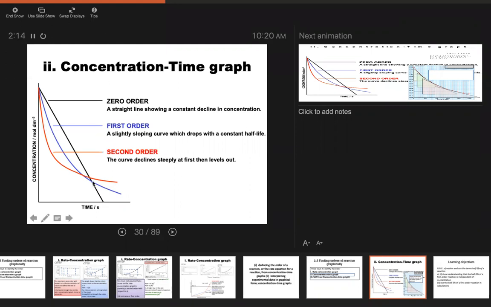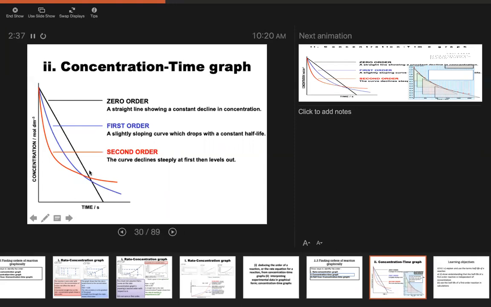Okay, now going back to this graph, the reason why the concentration time graph for a 0 order is a straight line is because no matter how much I change the concentration of my reactant, my rate will be the same, gradient. Okay, in a concentration time graph, to find the rate, you have to find the gradient first.